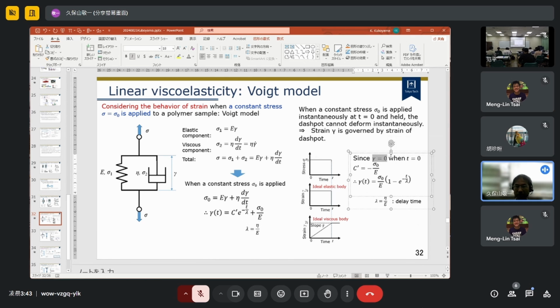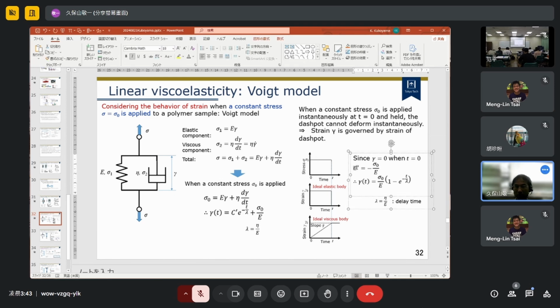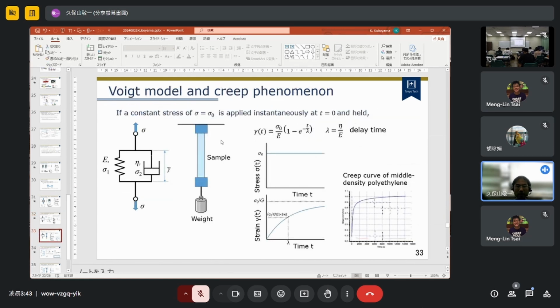When you apply this initial condition to this equation, you can get the constant part and you can get this equation. So by using this equation, you can represent the behavior of the strain at the constant stress.